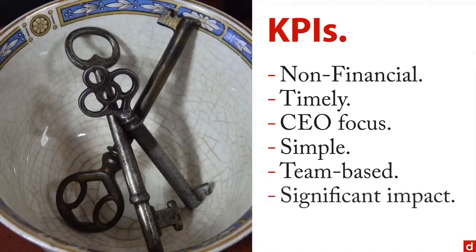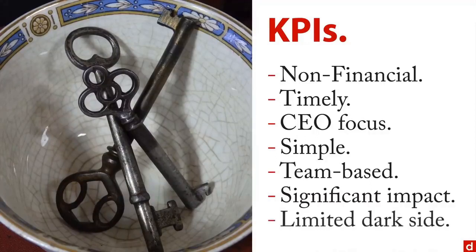What that really means is they should affect more than one important outcome. So you can do profitability and market reach, or improved manufacturing time and fewer defects. And finally, an ideal KPI has a limited dark side. That means there's fewer possibilities for reinforcing the wrong behaviors and rewarding people for exploiting the system.